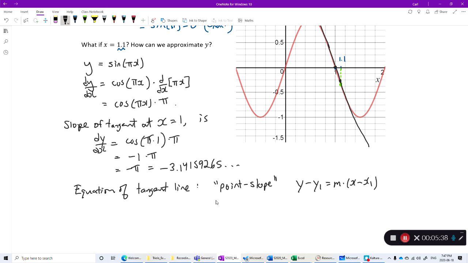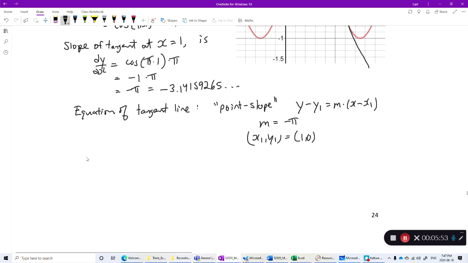And we know that here the slope is minus pi, and the point x1, y1 is that point, so it's (1, 0). So what do we get? We have y minus 0 is minus pi times, oops, no, that first x is actually just a variable, x minus 1. So y equals minus pi x, plus pi. Okay, so that's the equation of the tangent line.